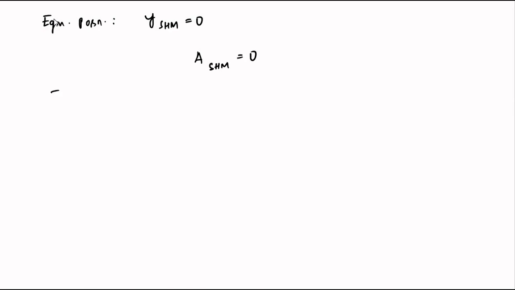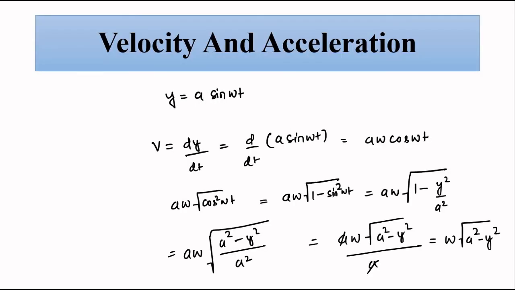At the extreme position, where the displacement can be plus or minus a, the acceleration is generally taken as minus omega square a. So this is the velocity and acceleration for simple harmonic motion.